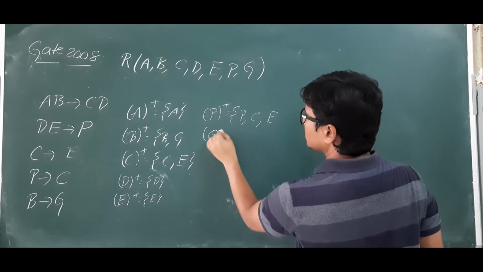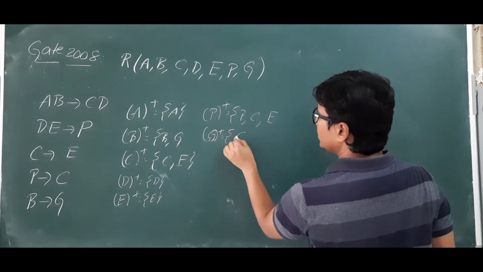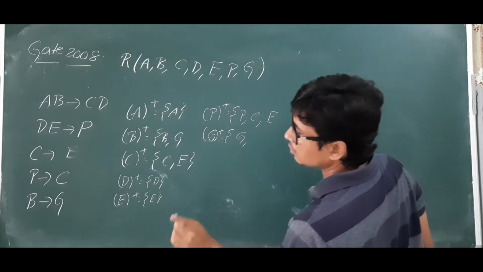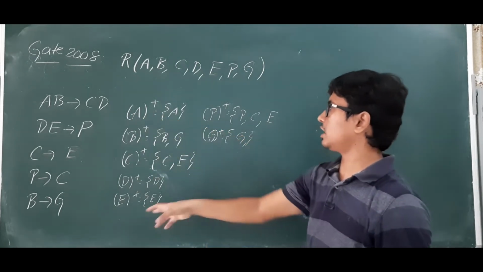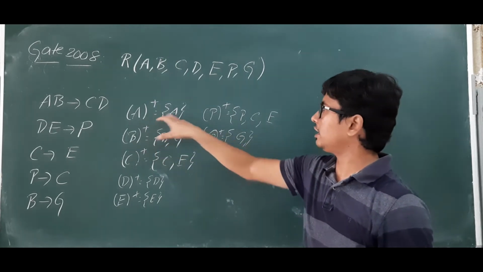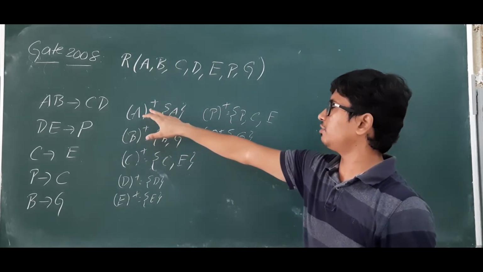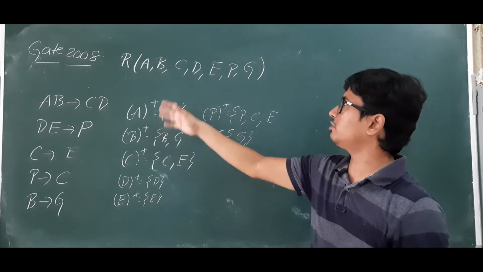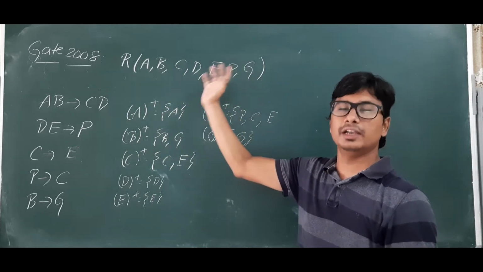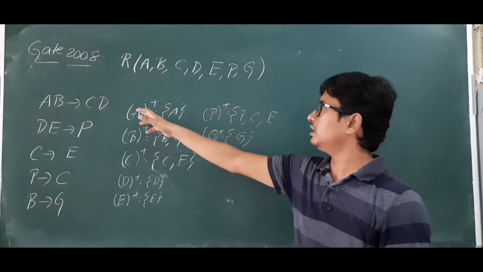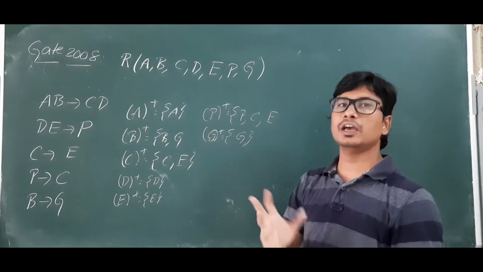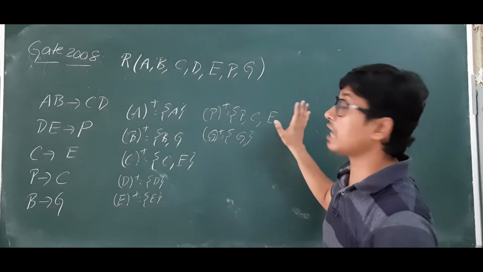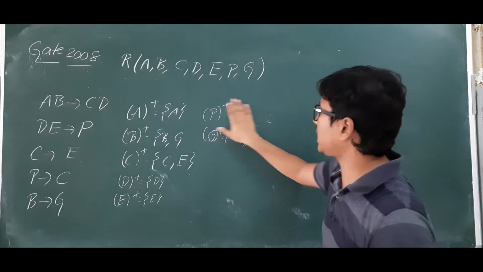G closure will give me only G. So the single-length attributes are not candidate keys, because none of the attribute closures has given all the attributes in the relation R. I can say that A, B, C, D, E, P, G alone are not candidate keys.